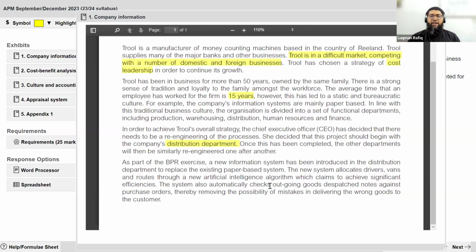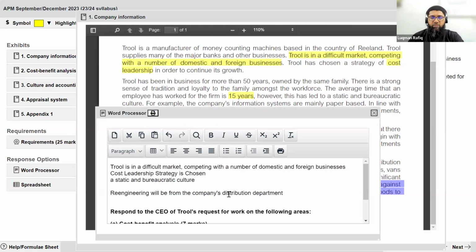The system automatically checks outgoing goods dispatch notes against purchase orders, thereby removing the possibility of mistakes in delivering the wrong goods to the customer. So therefore, it reduces the chances of delivering the wrong goods to customers.